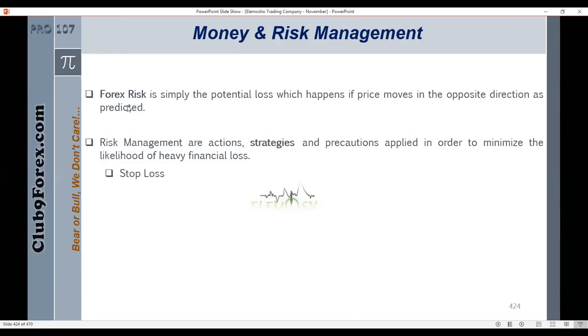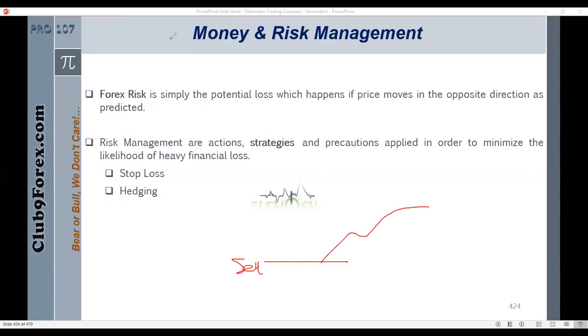So one of the things we do is the stop loss. I don't need to talk about stop loss. We know what stop loss is. Almost every one of us here knows about stop loss. Then hedging. Hedging is also another way of preventing financial loss. In the example I told you, you were selling, then price started moving against you.